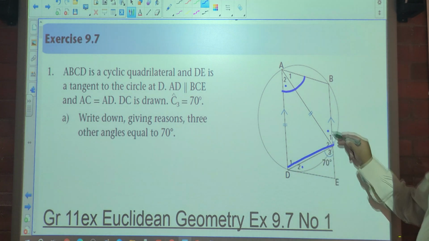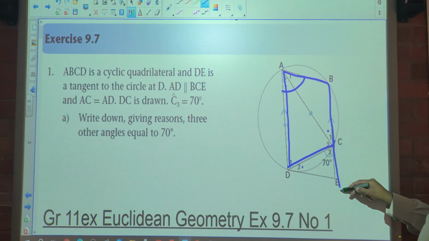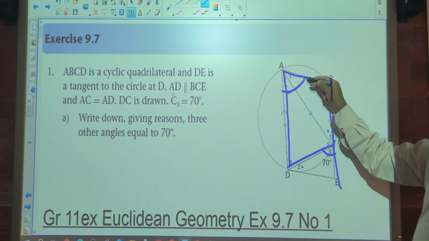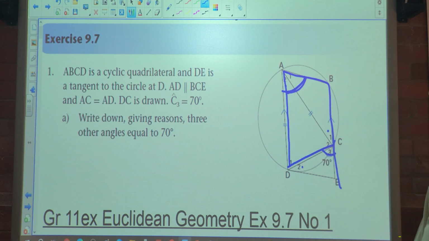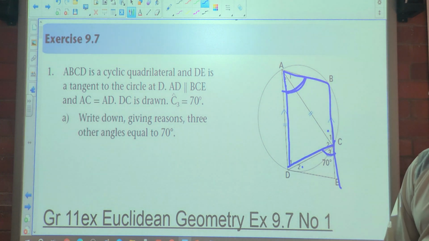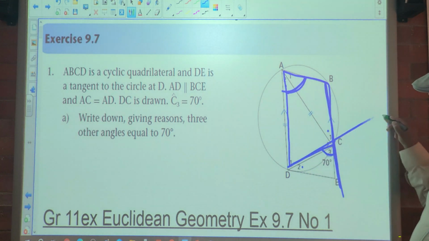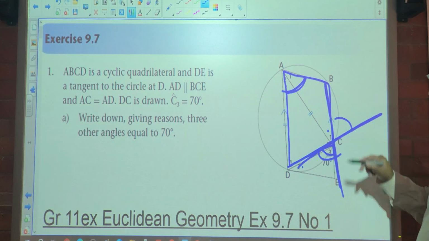There's your cyclic quad. This length is extended, so this angle is equal to that whole angle. C1 and C1, because they are vertically opposite. Remember, there's that one line and there's the other line. So that angle is equal to that angle.